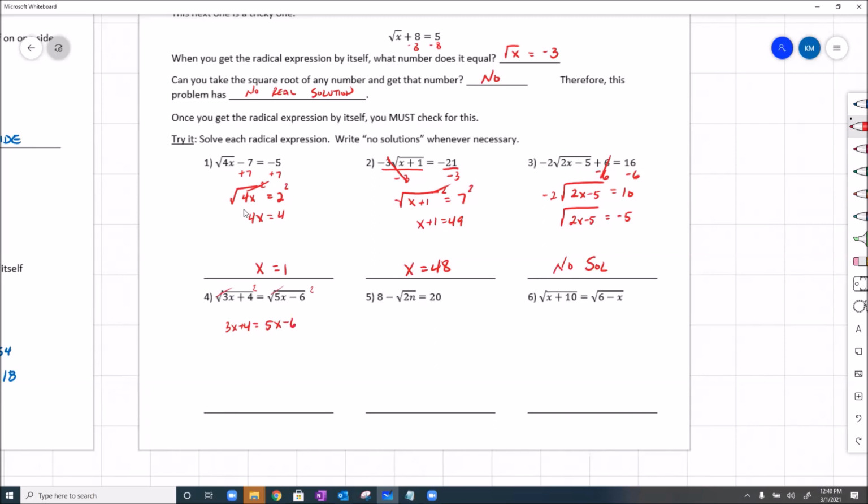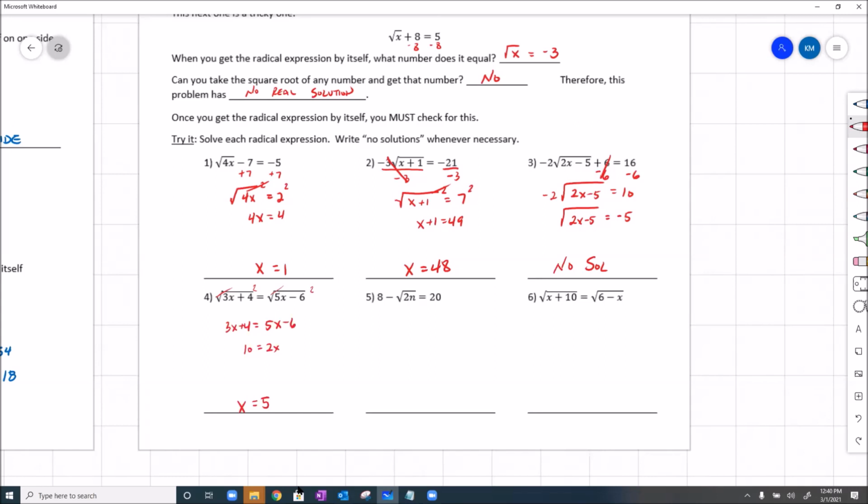Okay, so we'll solve, subtract 3x from both sides, add 6 to both sides, get 2x equals 10, divide by 2, x equals 5. And you should plug it in to make sure that your number comes out to be a positive number. So that would be 19 equals 19. Radical 19 equals radical 19 works out.